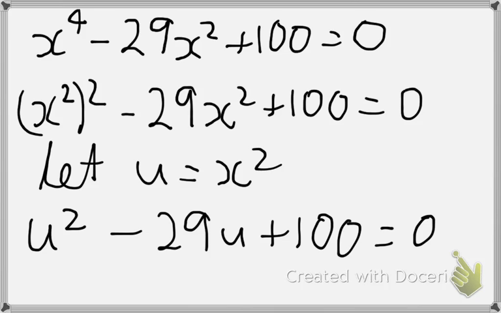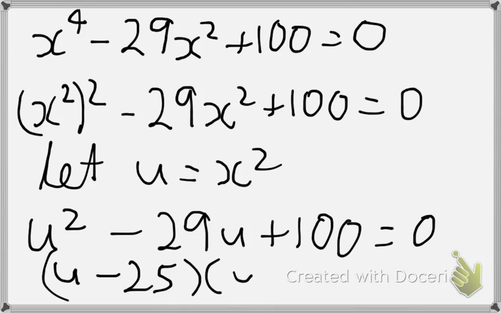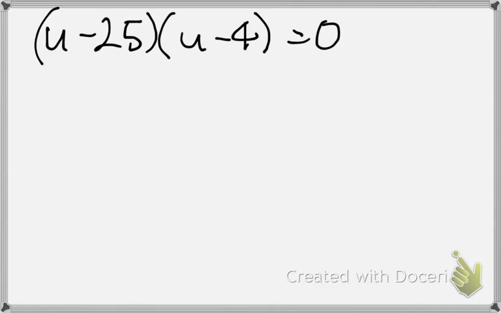When I factorize this, I get u minus 25 and u minus 4 equals 0. This gives me the solution 25 and the solution 4.